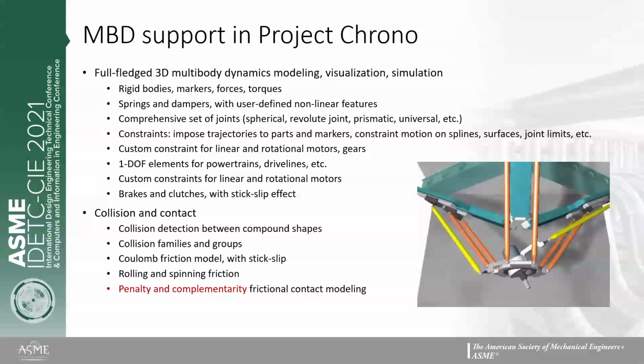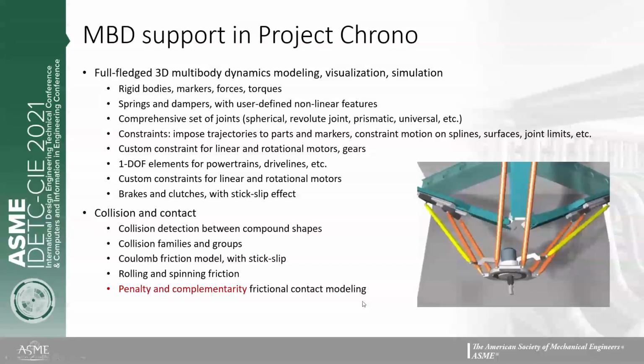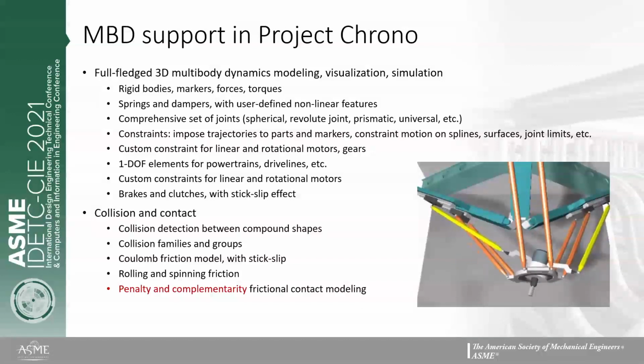The contact force, sliding, and rolling friction force can also be simulated when a collision happens, using either a penalty-based SMC contact model or a complementarity-based NSC model. We'll discuss the difference between these two contact models later. And here is a quick animation showing the mechanical components of the nozzle of a 3D printer.